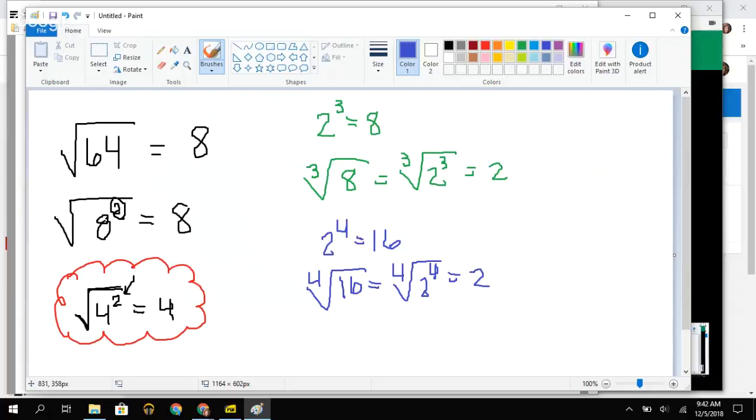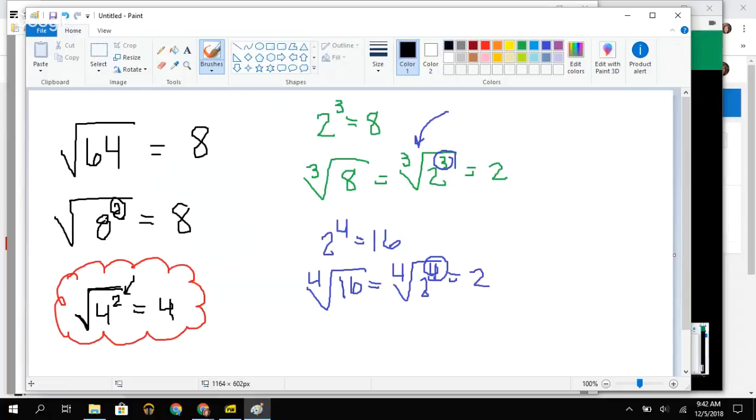And it doesn't just work with 2s. You can take different level roots all the way through. Depending on whatever your exponent is, that determines what kind of root you're going to take.